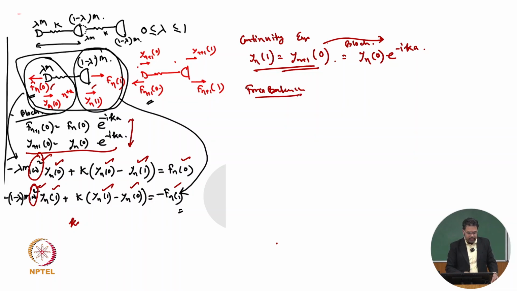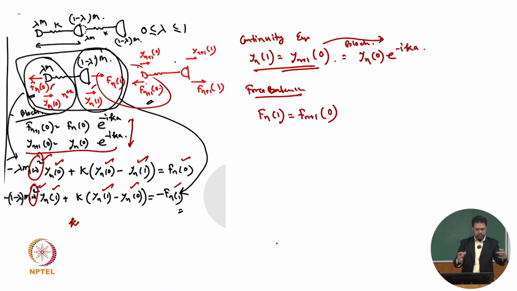Good. Next thing is the force balance. Where do I do the force balance? I will do the force balance at this junction. So here what can I write? Fn1 is equal to Fn+1,0. You see, we have just cut it. So these two forces which are coming, they are opposite in direction and they are basically the same. Exactly. Agreed, all of you?